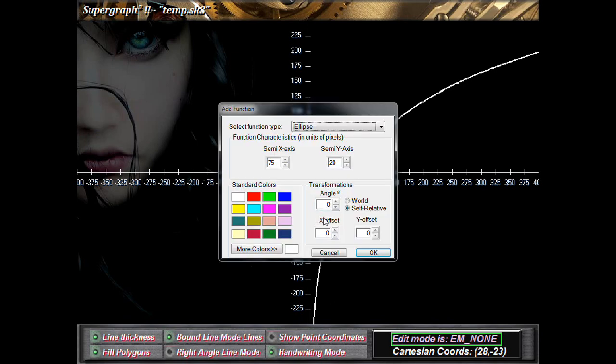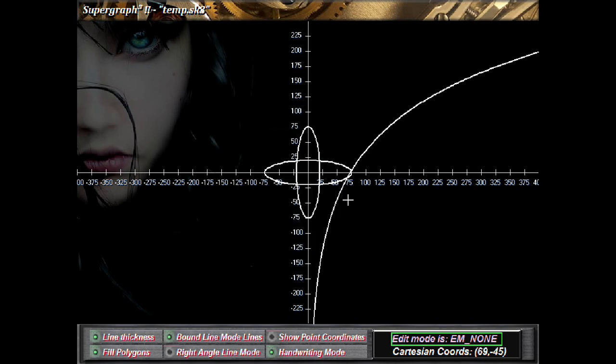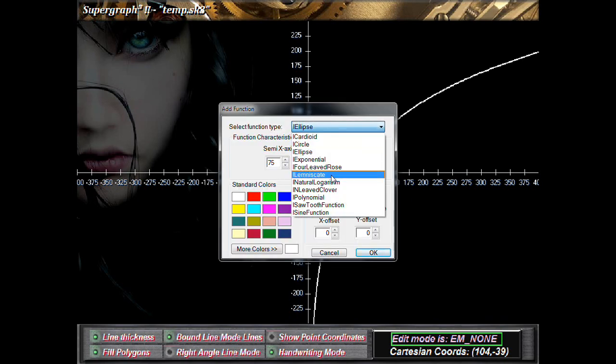Let me do that. Rotating this way is no good, and that way is no good. But if we start out with a big angle, it's the log function.